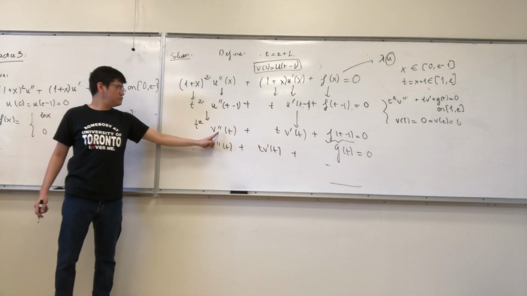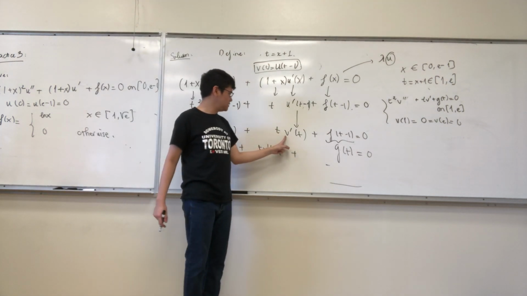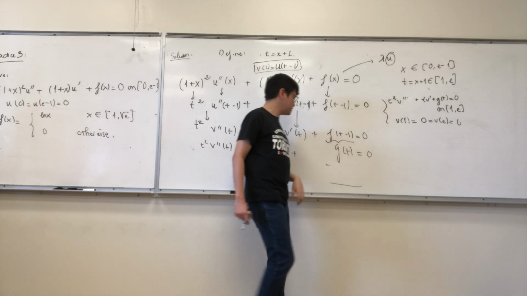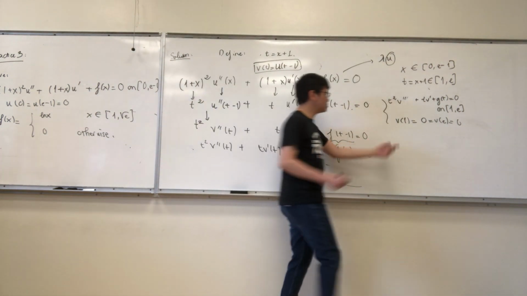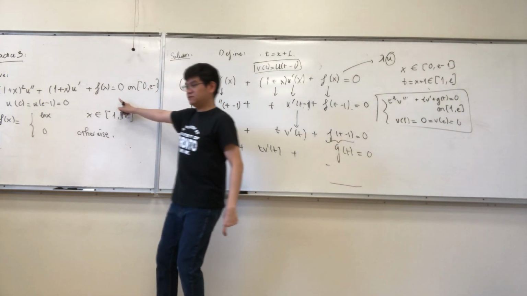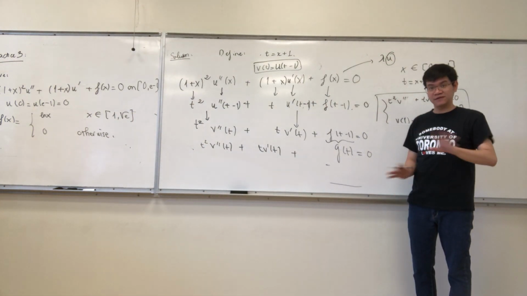So I put this to be v of t, so I have t squared v second of t, t v prime of t, and I define this to be f of t minus 1, so I have this equation. Alright, so this equation is equivalent with this equation. They're the same, yes?